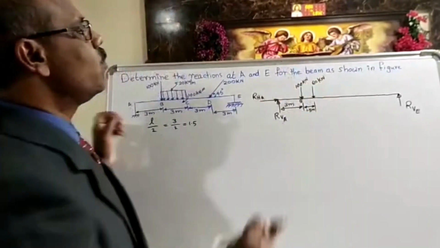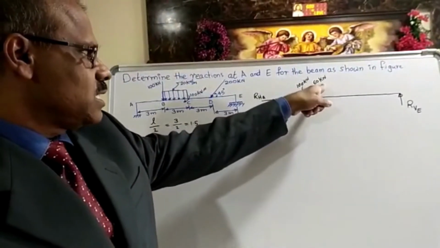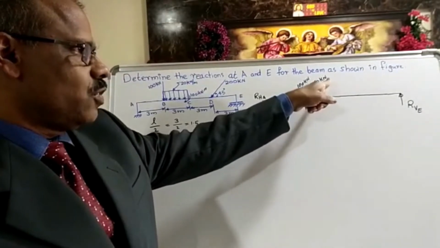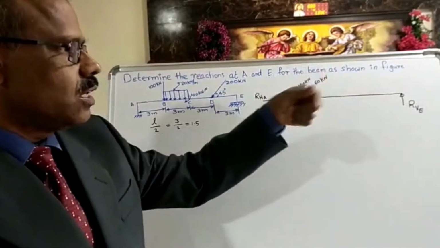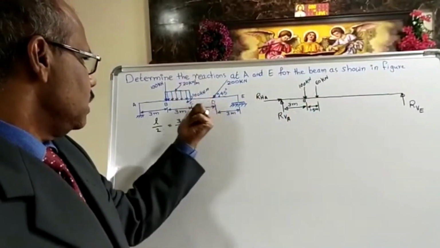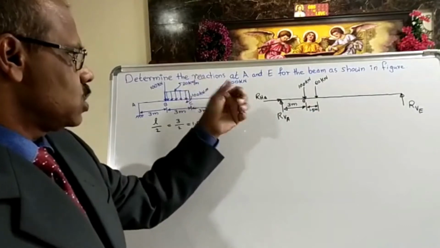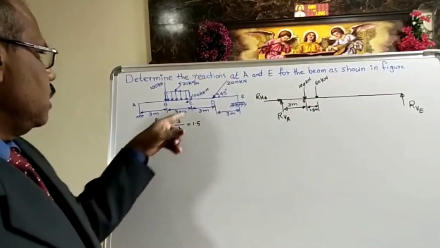See, I am now writing only 60 kilonewton. I am not writing 60 kilonewton per meter. If you write that, it will be wrong, because the meter is already gone when we multiply 20 with 3, meaning meter divided by meter. So that meter will go.